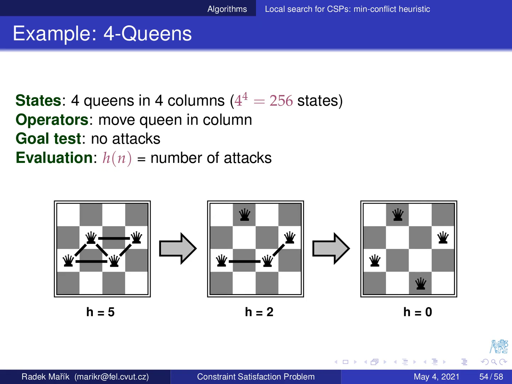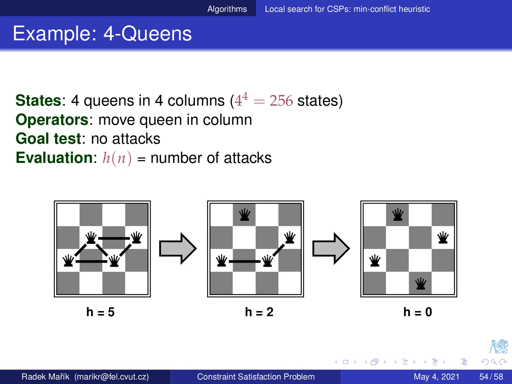And hn here is basically the count of the number of attacks. So here we generated just an initial assignment, and as you can calculate, we have 1, 2, 3, 4, 5 attacks.